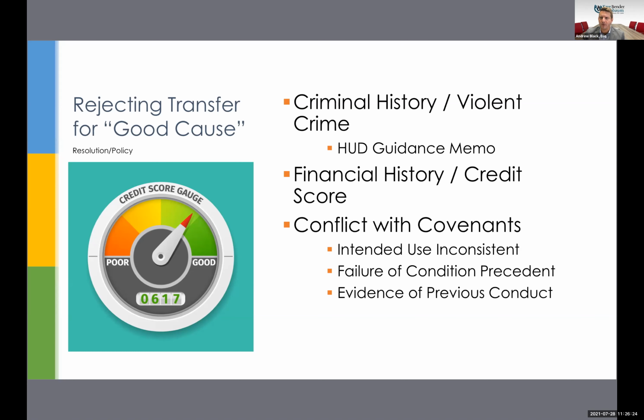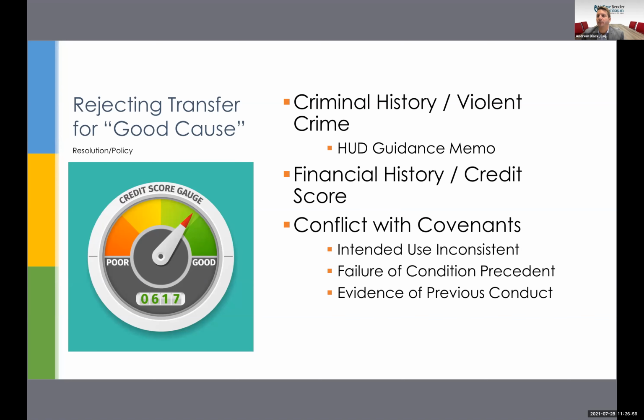For instance, in the employment history, they wrote down they were a senior loan officer at a bank for a long time. The background company verifies the employment. The bank says they were a bank teller for a month. You know, that's a pretty big misrepresentation there. And that likely could be a good cause factor to deny someone as well. So those are two of the somewhat easier ones.